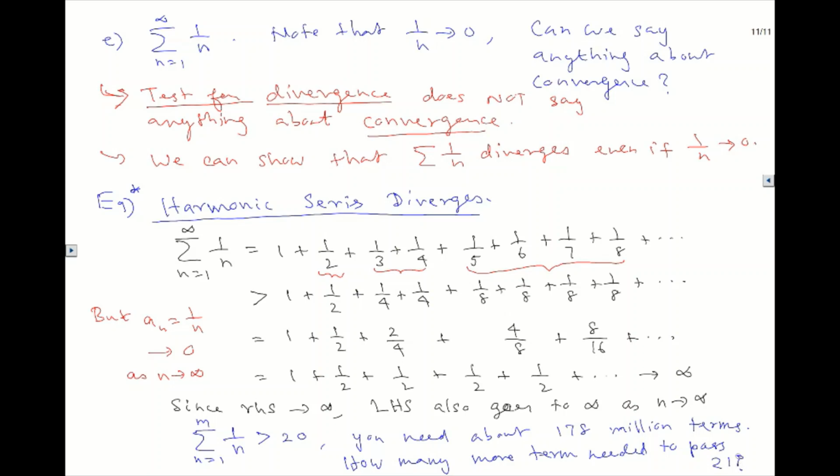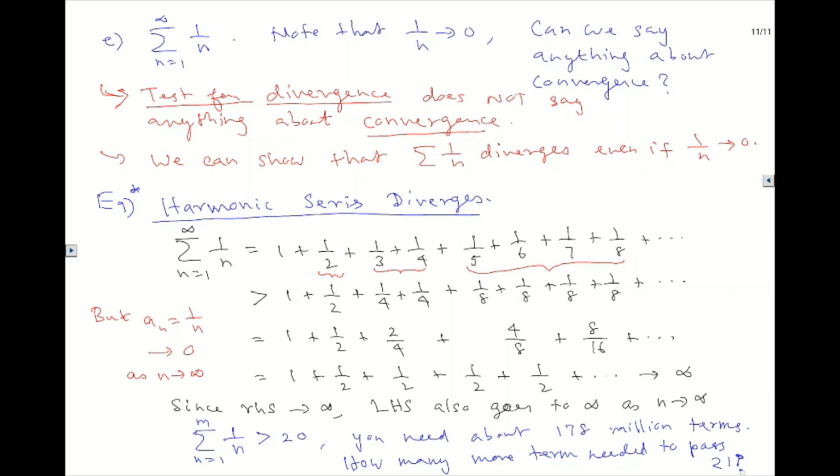This is considered an extra credit problem, and you can email me. You start with 20, which needs 178 million terms, but how many more terms do you need to pass 21? That's an interesting question, but you need a computer, so you need some programming skills to do this. But that's a good challenging problem.